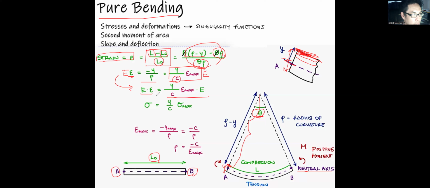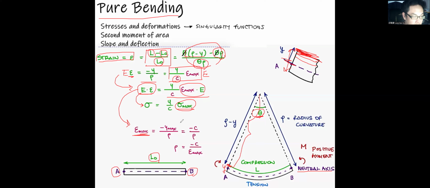And we already know from Hooke's law that Young's modulus times the strain equals stress, which equals Y over C times the maximum stress. Then we can rearrange the equation: the maximum strain equals minus Y max divided by the radius of curvature.